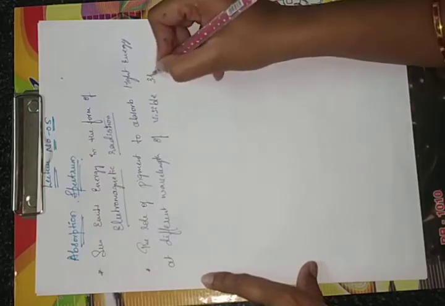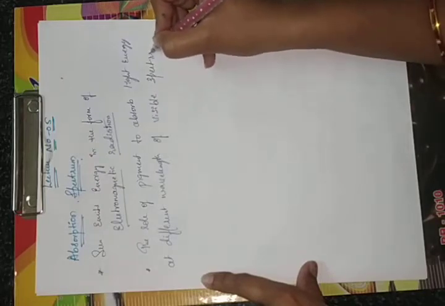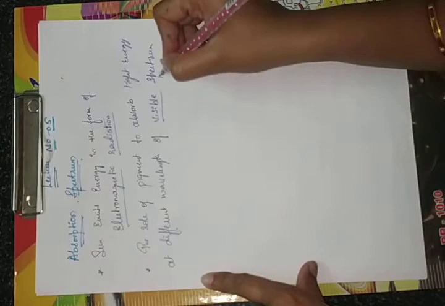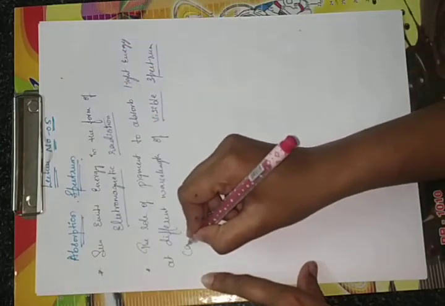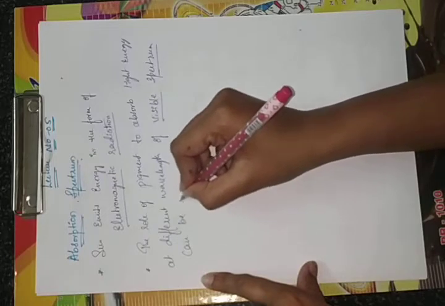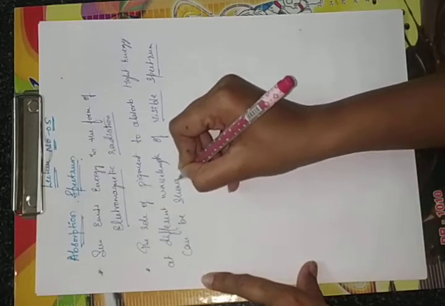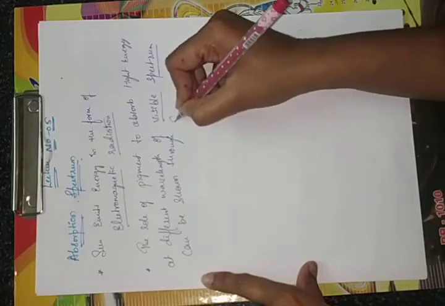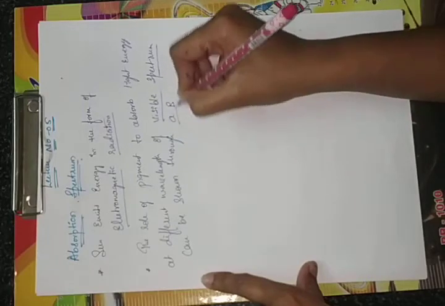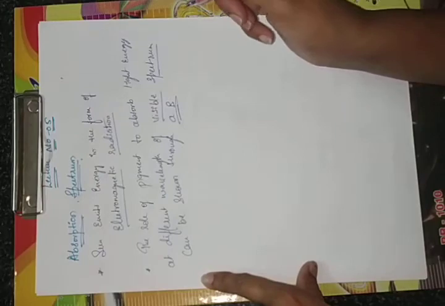Visible spectrum is very important. The pigments will have capacity to absorb only in between the visible spectrum. It can be shown through absorption spectrum.